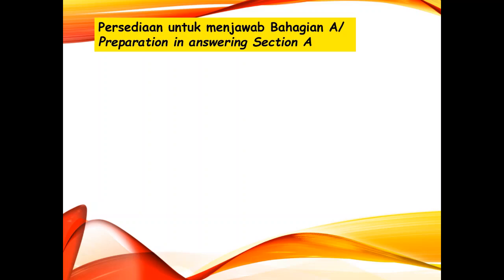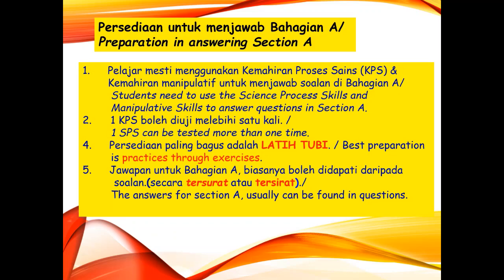Next, we look at the preparation in answering Section A. In answering the questions for Section A, students need to use the science process skill and also the manipulative skill. One science process skill can be tested more than once.